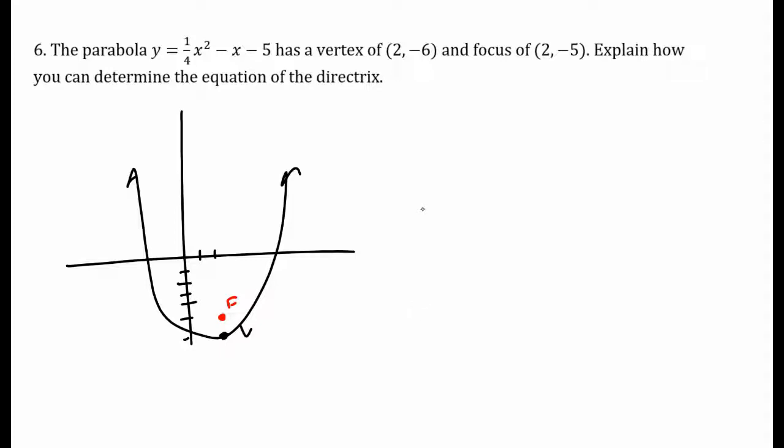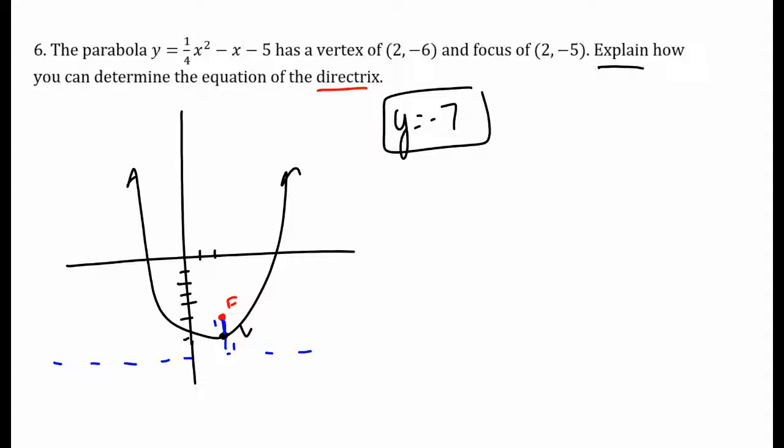Explain how you can determine the equation of the directrix. Well, the key thing is the parabola is the set of points that's equidistant from the focus and directrix. So if the focus and vertex are 1 away, I have to go 1 in the other direction. So I need to go down 1. I need to go 1 away from my y value, which gives me a directrix of y equals negative 7. But it says explain how I got that.